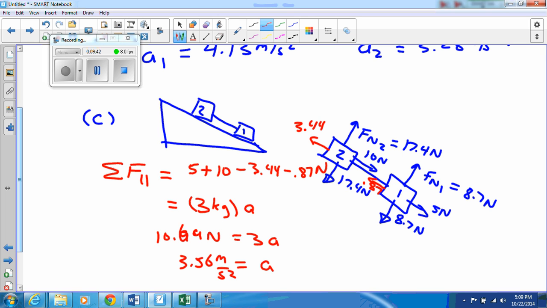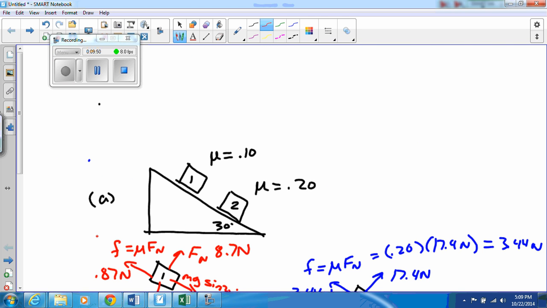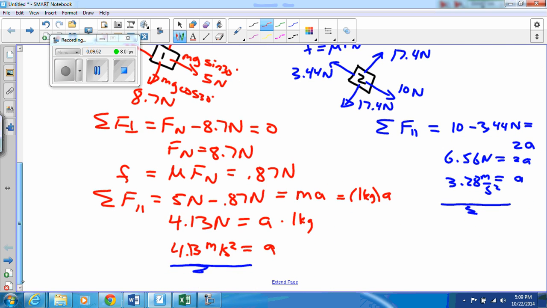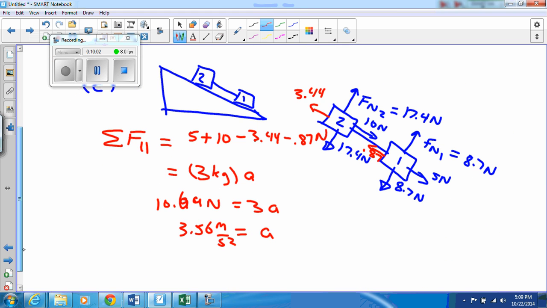You can see that that acceleration is somewhere between the two accelerations that we got for blocks 1 and 2 on their own, and that's a reasonable conclusion to come to.